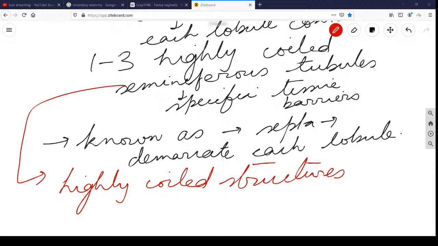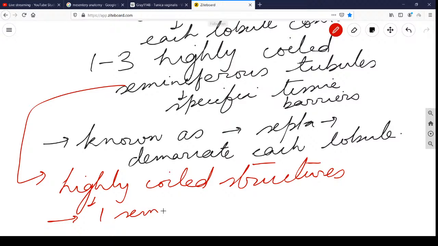Now, if a single seminiferous tubule were stretched to its maximal length, it would measure about 1 to 3 feet. That's the amazement.